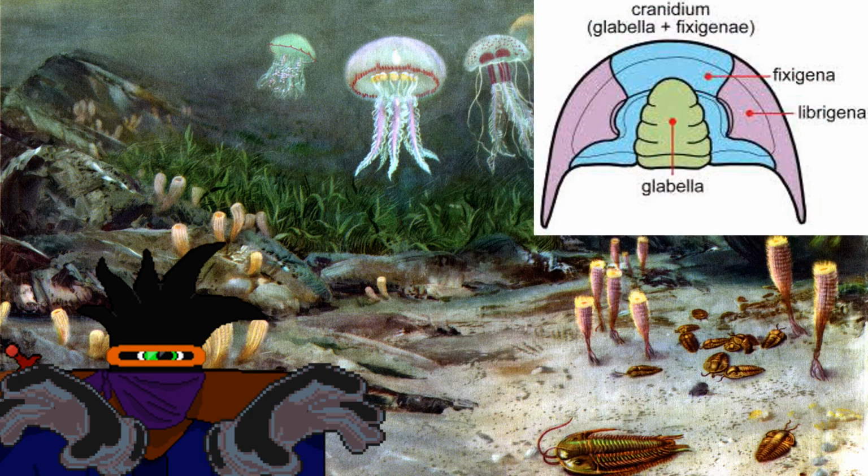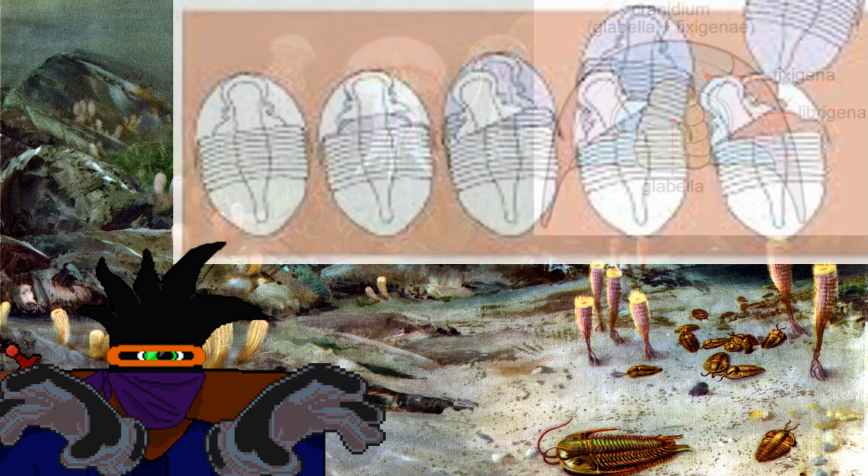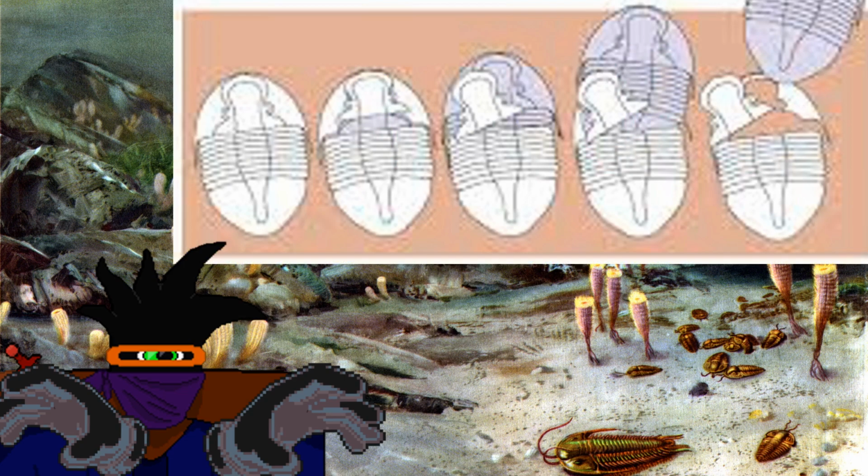Then there are the other regions of the head, called the cranidium, which itself was made out of two primary regions: the fixigena, or fixed cheeks, and the librigena, the free cheeks, which is separated by suture lines, which would have been very important for trilobites whenever they decided to shed their exoskeleton.